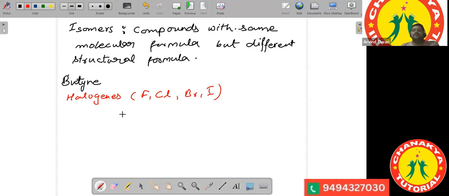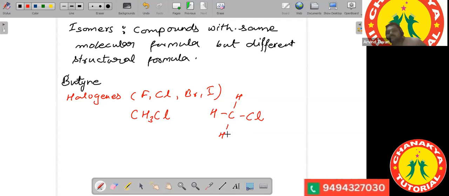If these are added in the group, for example, something like CH3Cl, here you have 3 hydrogen atoms, but there is 1 chlorine atom. Okay. So how do we name this?